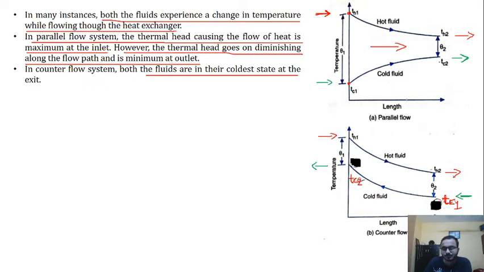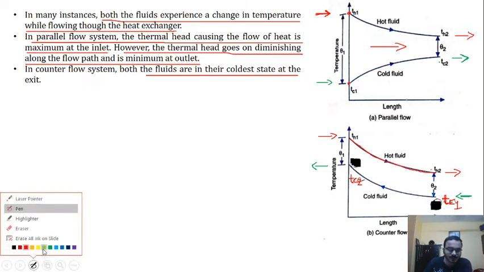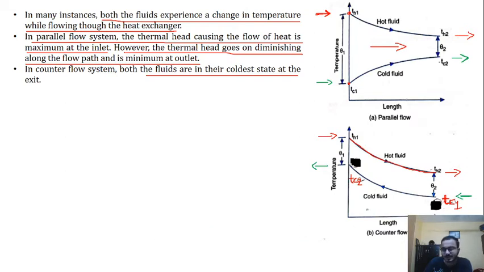So in this case, the thermal head variations are not that significant, because the hot fluid as it passes from this direction, its temperature keeps on decreasing in this way, and for the cold fluid which is entering from the opposite end, its temperature keeps on increasing in this direction.